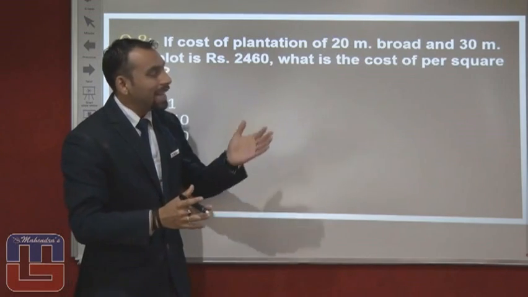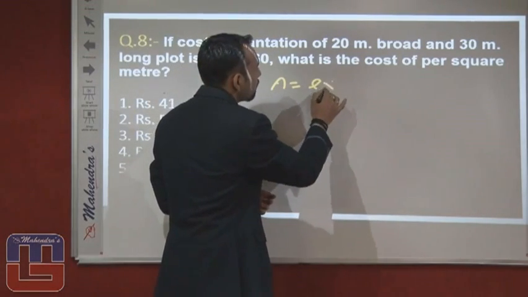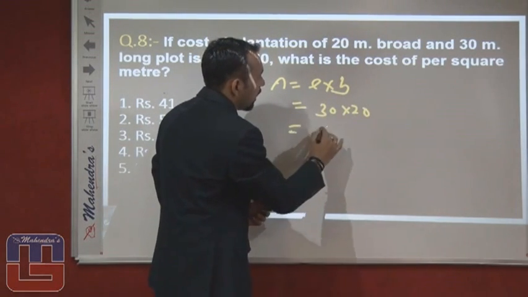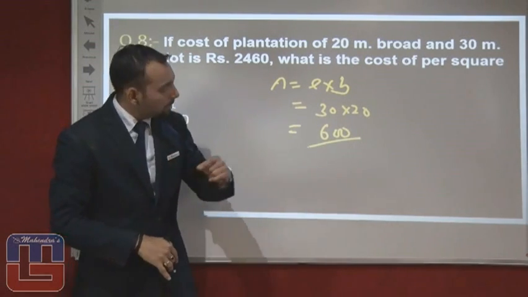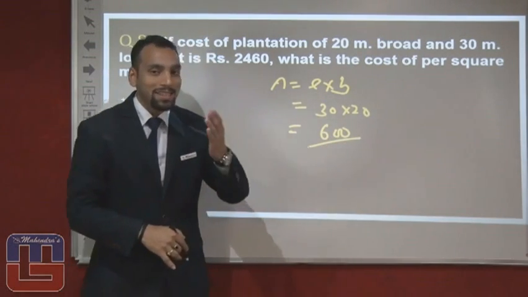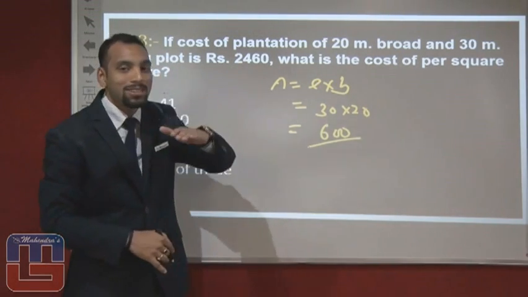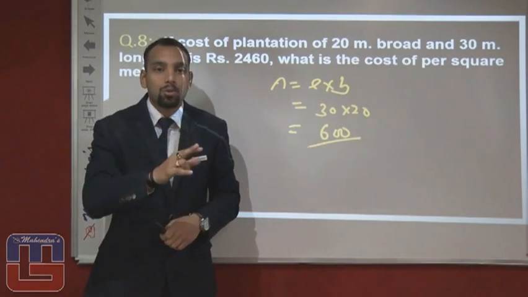Now you see the area is in the form of rectangle. So area will be L into B. Length will be 30, breadth will be 20. So area will be 600 meter square. That means the total area will be 600 meter square and the cost is 2460, and we have to find the cost of per square meter.